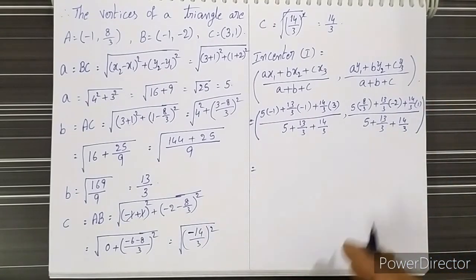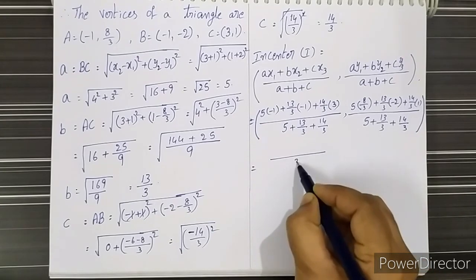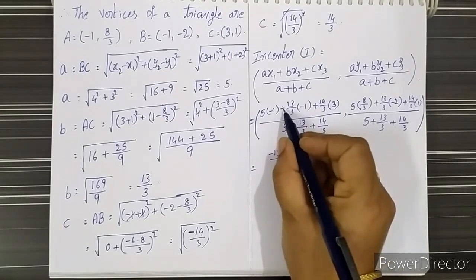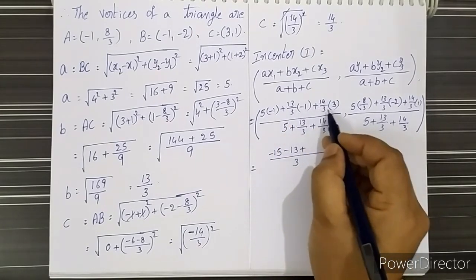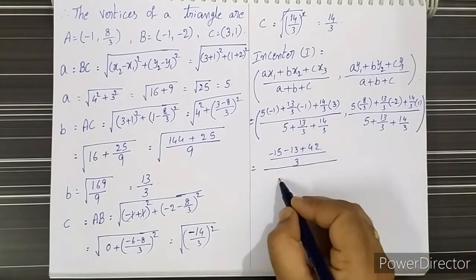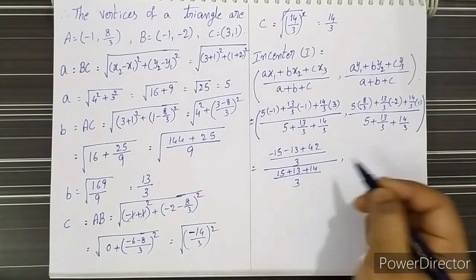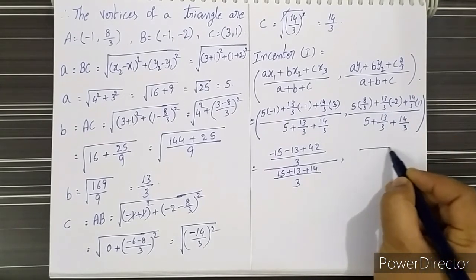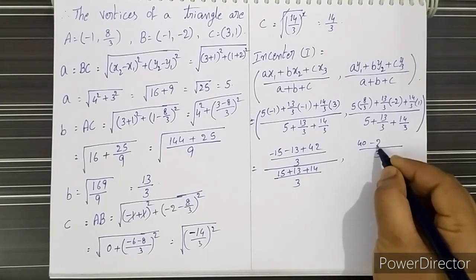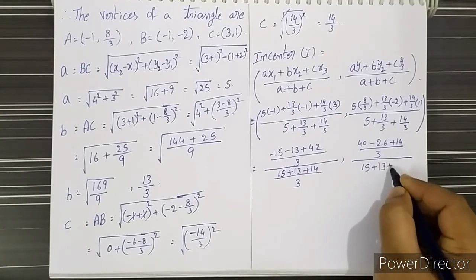That is equal to, here in the numerator we have to take 3 as LCM, 5 3s are 15, 15 into minus 1 minus 15, minus 13 plus 14 3s are 42, whole divided by, here also take 3 as LCM, 15 plus 13 plus 14, comma, here also take 3 as LCM, 40 minus 26 plus 14 by 15 plus 13 plus 14 by 3.